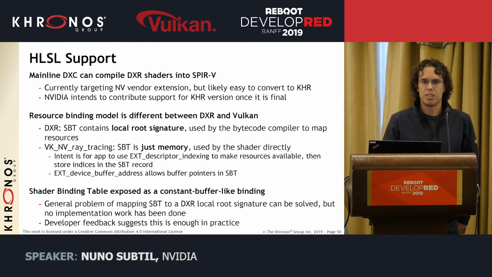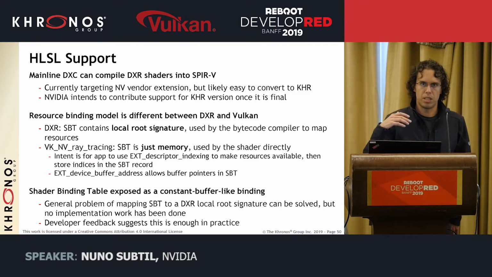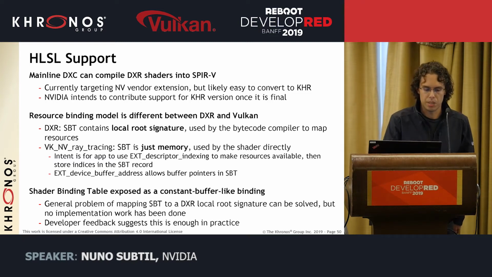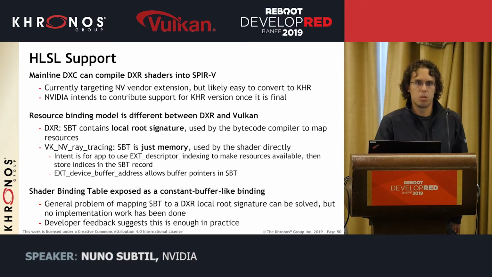So the intent in Vulkan is that instead of having a local root signature, you use global descriptor indexing, and the SBT records will have indices into these global arrays. At NVIDIA, we did some design work to try to emulate local root signatures on top of our vendor extension. And the conclusion was it's doable, but we haven't actually done implementation work.